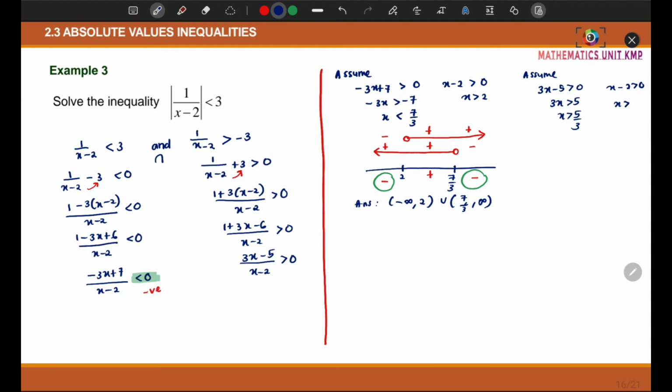And this one, x greater than 2. Use the positive number line with 5/3 and 2.